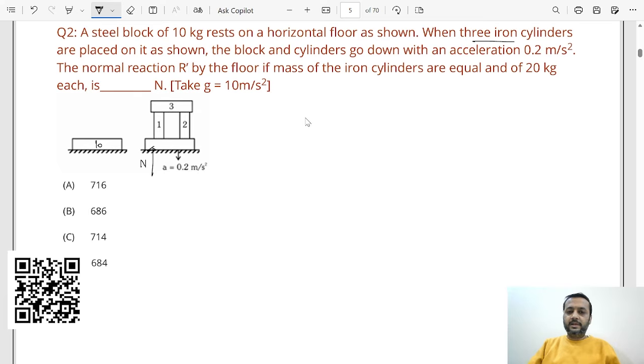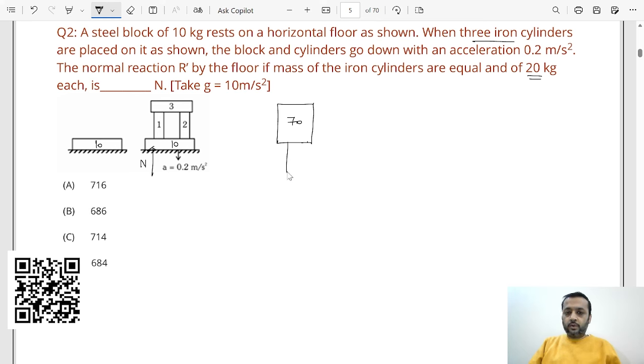Let me represent the entire system by a single block. The 3 iron blocks, each of mass 20 kg, total 60 kg, and one steel block of 10 kg, so the total mass will be 70 kg.